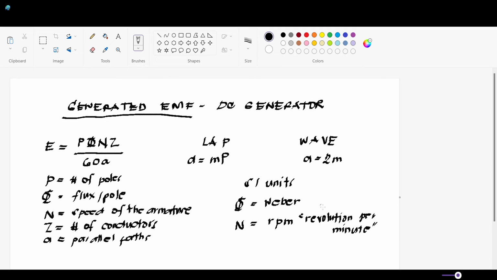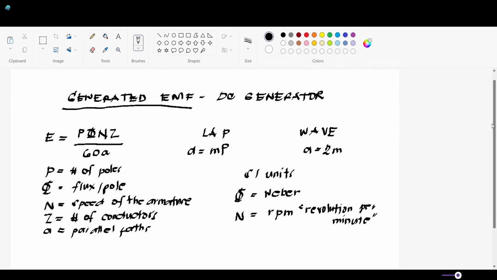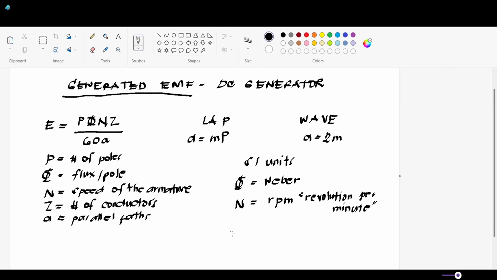There will be instances where we will solve a problem in which the given flux is in Maxwell. However, we need to use the SI unit.